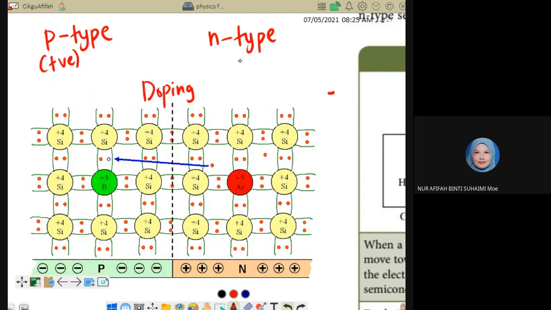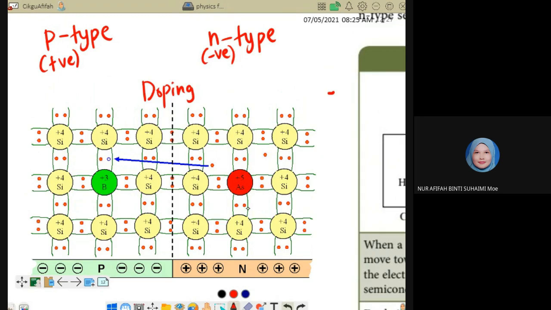P-type has many holes, positive. For n-type semiconductor, we combine the silicon with arsenic. Arsenic has 5 valence electrons, so 5 and 4 gives an extra electron. If the semiconductor has an extra electron, it becomes n-type, a negative-type semiconductor.